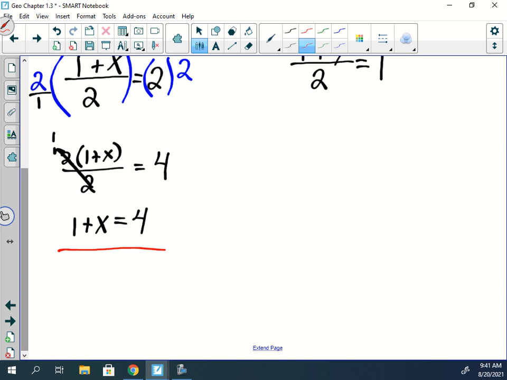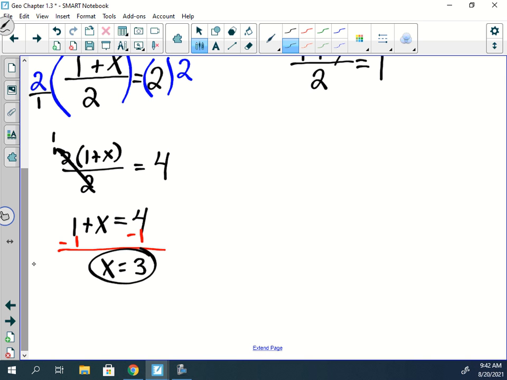So last but not least, we would subtract 1 from both sides, which will tell us x is equal to 3. Now, I wouldn't subtract x from both sides because all the variables x are already on the same side, so I wouldn't want to mess with moving x.